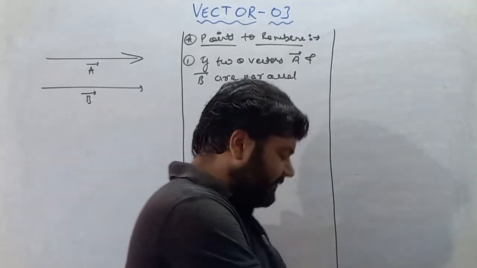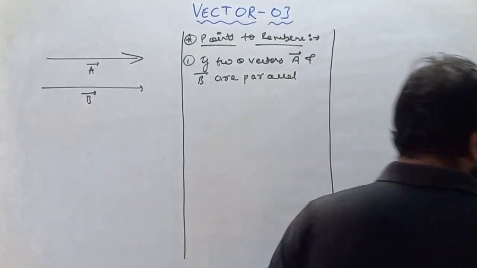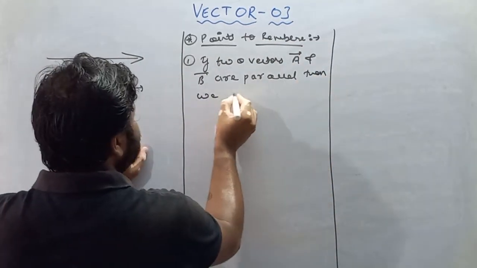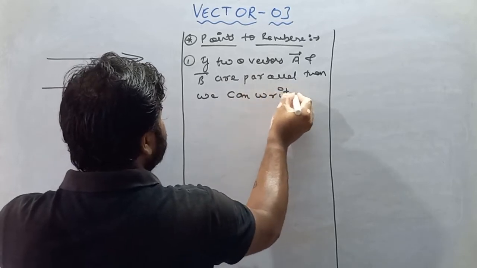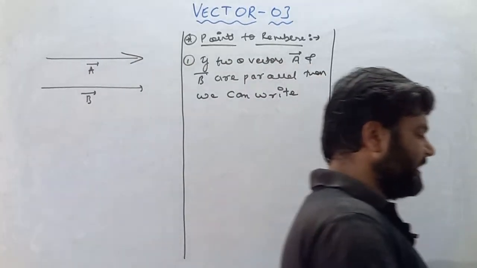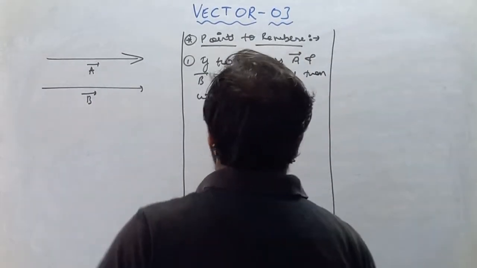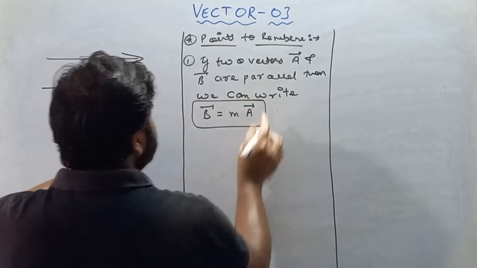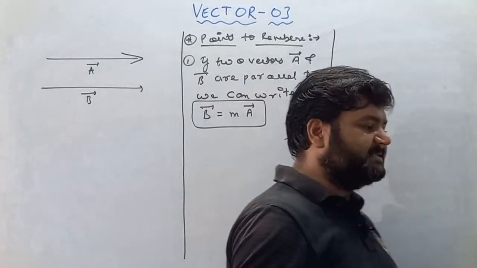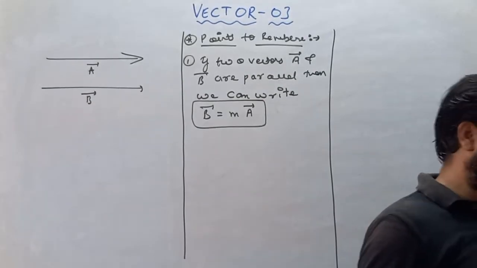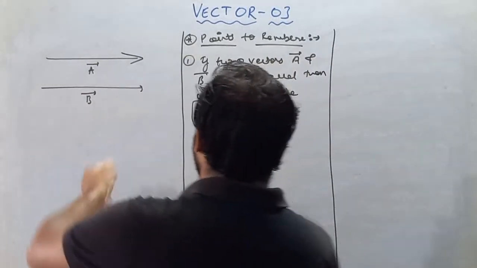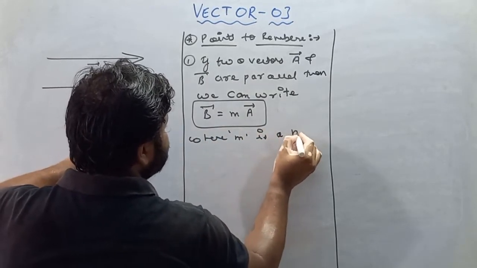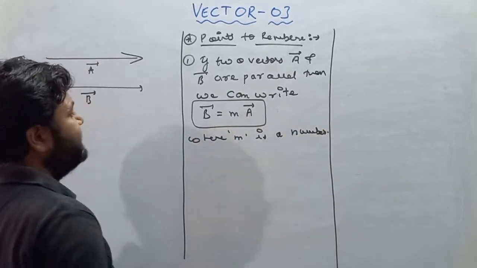Write down, if two vectors, A vector and B vector, are parallel, then we can write B vector is equal to m A vector, where m is a number.